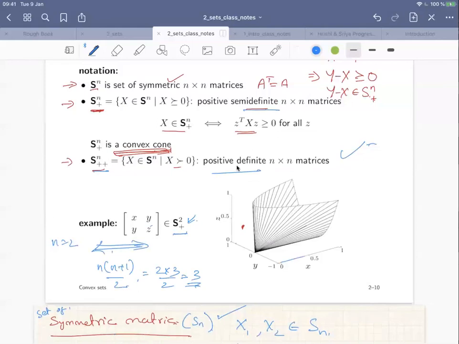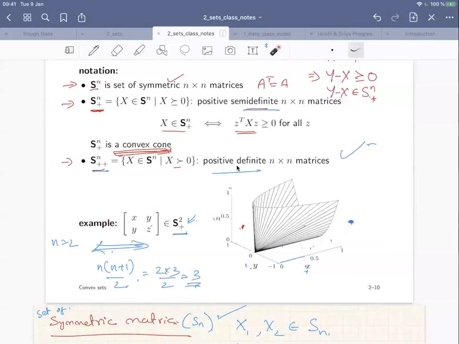So here we have x, y, and z, and any point in this space represents a matrix here, right? So to draw this diagram, what you have to do is take a point, and then you have the x, y, and z values. You plug in those values and form a symmetric matrix, and check its eigenvalues. If the eigenvalues are non-negative, then that is part of the cone, right?